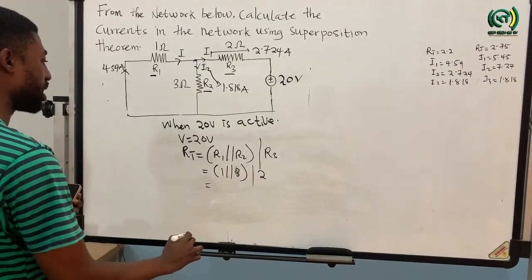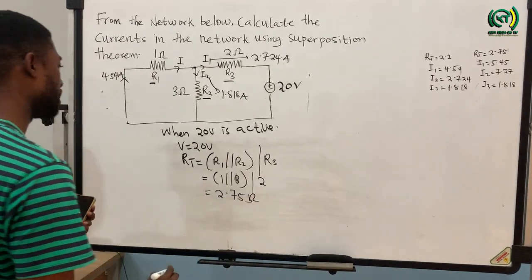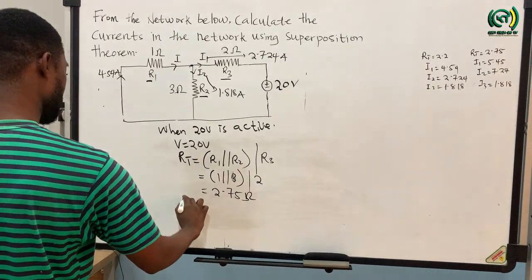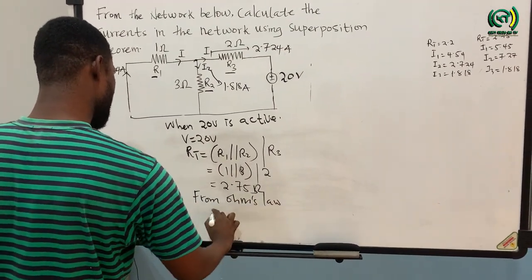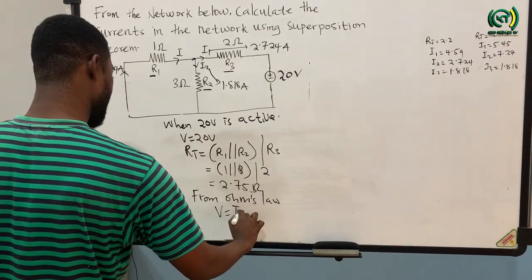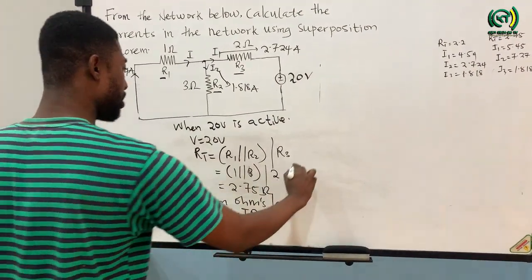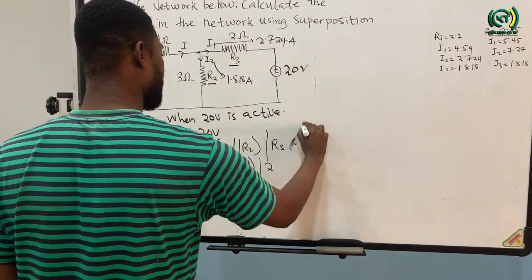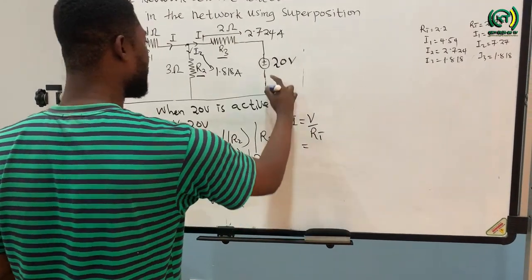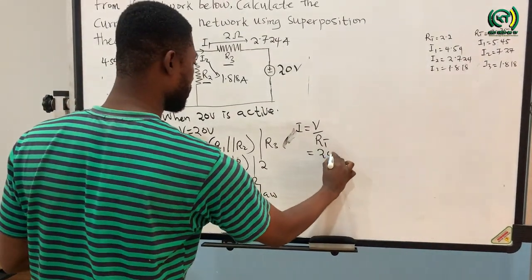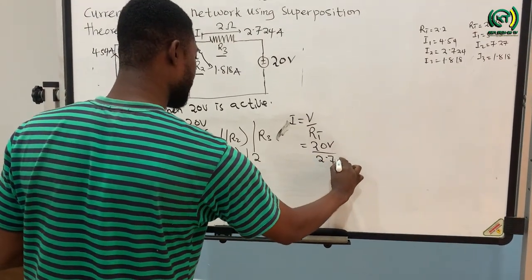When you simplify this, we are going to have 2.75 ohm. Then from Ohm's law, V is equal to IR. If I want to calculate the current produced by the 20-volt source, I is equal to V over RT. The voltage here is 20 volts, and the total resistance is 2.75.